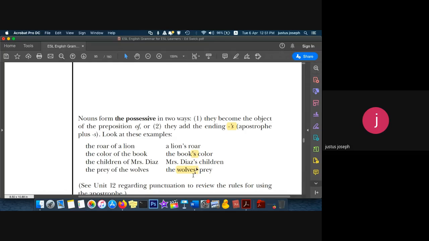Whenever a word ends with an S and you have to use an apostrophe after that, you will not repeat another S. That is a convention. That is how it is being written.